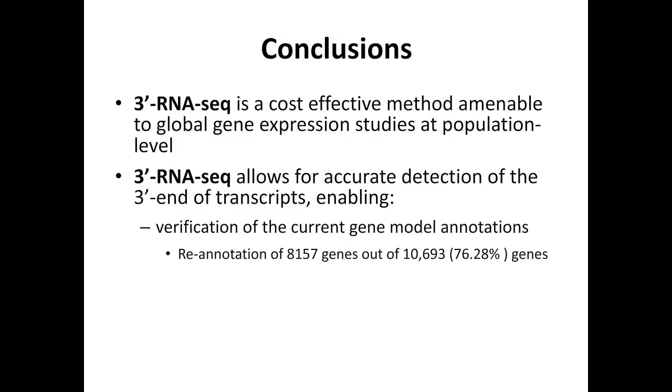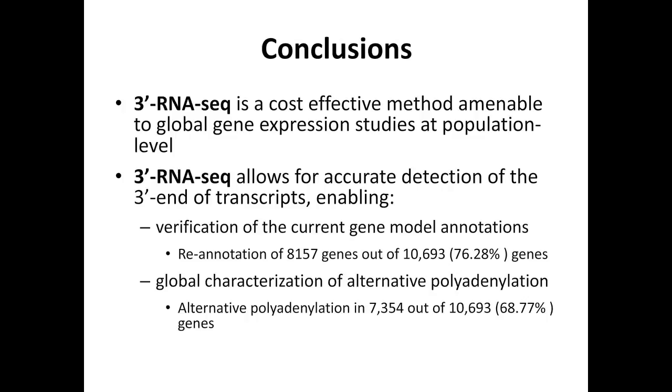Based on this data, we re-annotated 8,157 genes out of 10,693 genes. These 10,693 genes are the number of genes expressed in adipose tissue based on our data. So we re-annotated 76% of the genes, and we were able to characterize alternative polyadenylation sites.